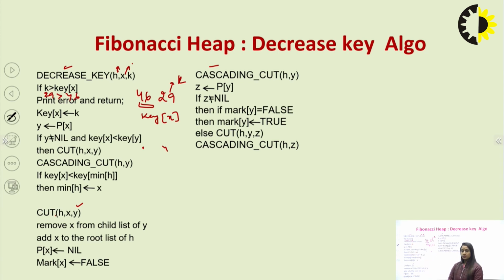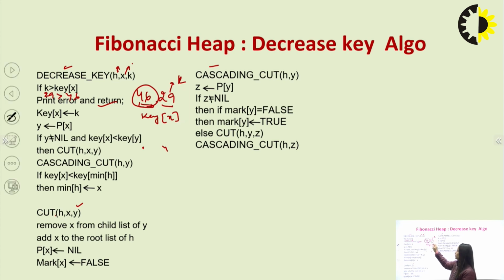If it is not, it prints an error. It means the new value should be less. When the value of your current node is always greater than your updated value.